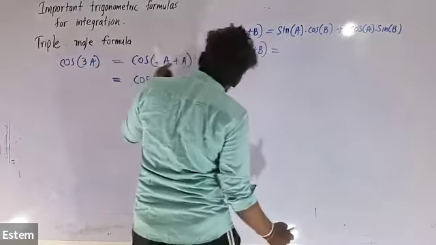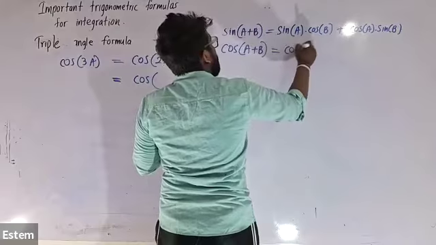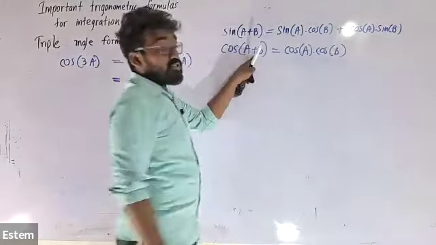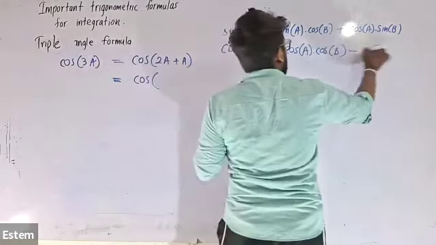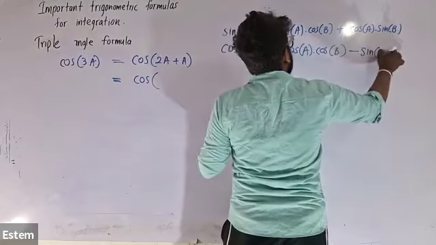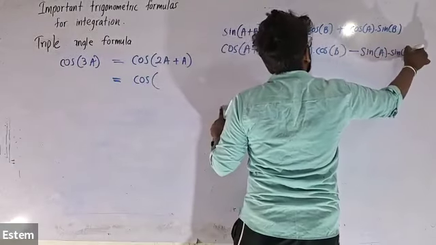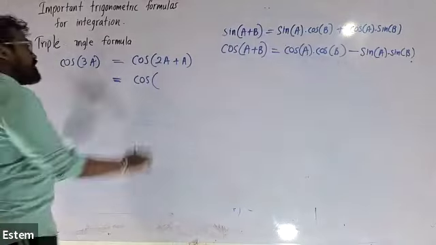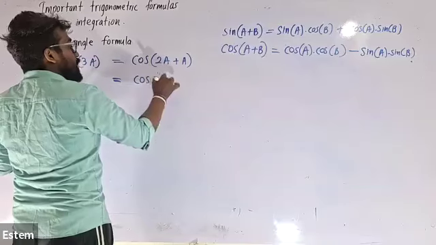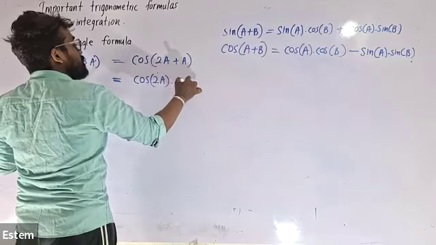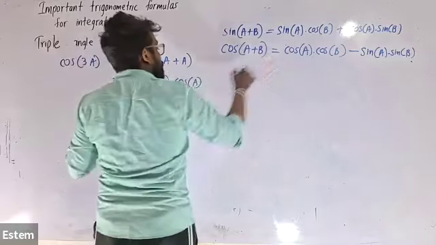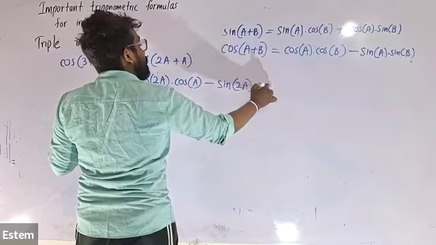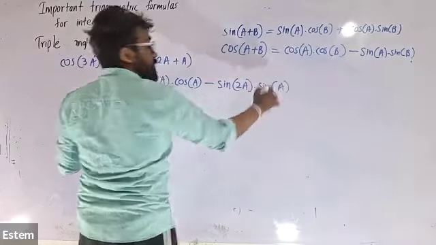This is 2a plus a, no? What's the formula? Cos a cos b, and if this is positive, it should be minus sine a sine b. Now this is cos 2a cos a minus sine 2a sine a.